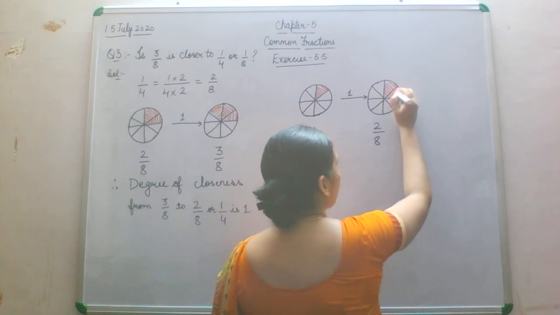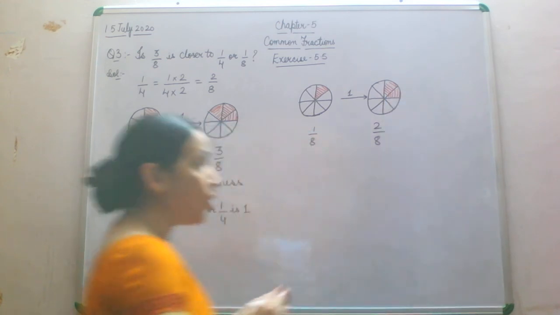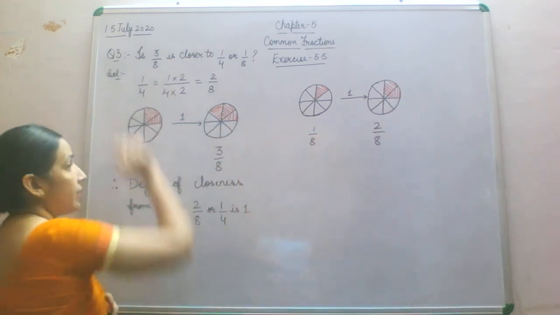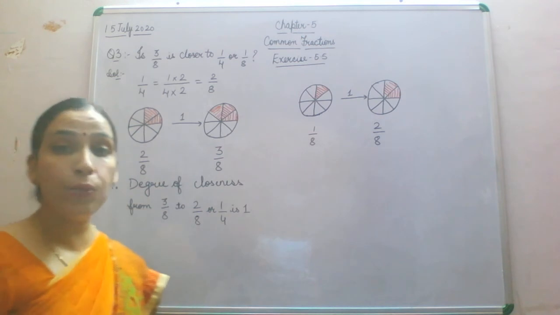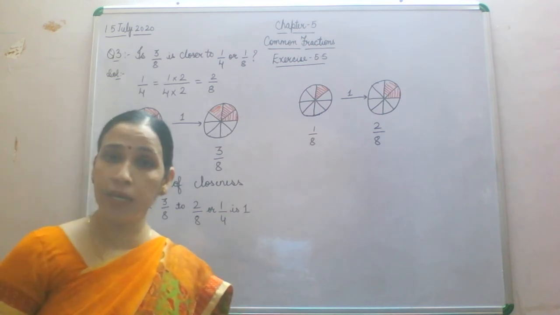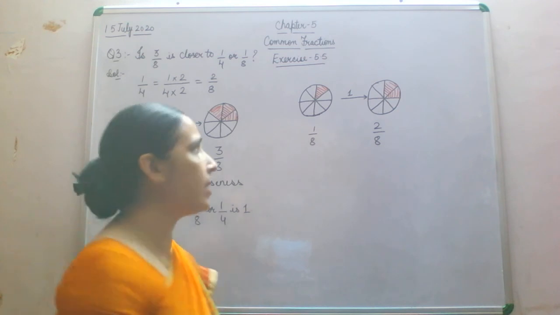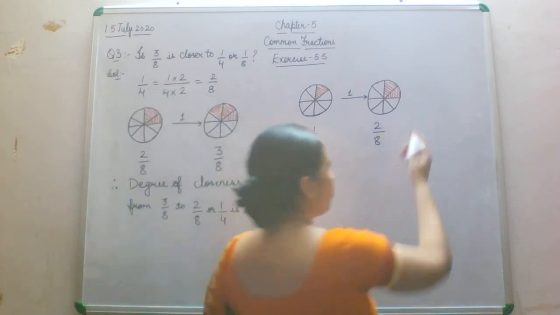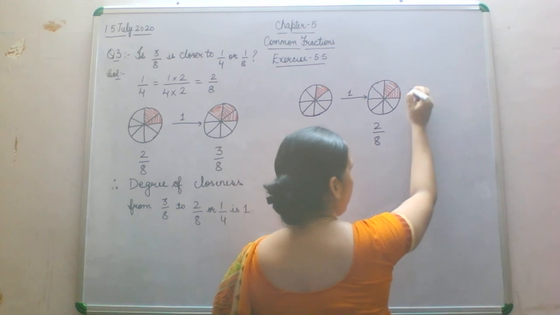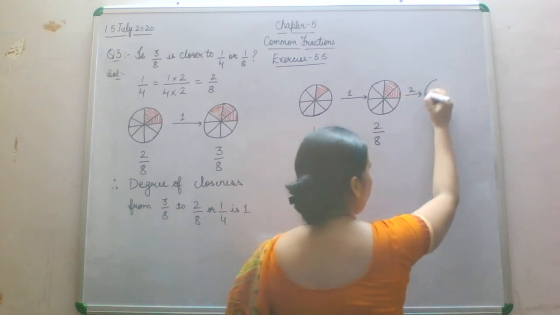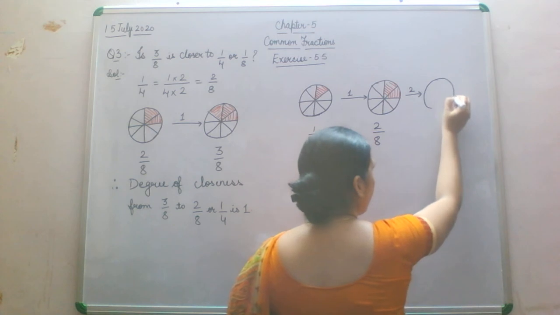1 and then 2. See, till now we have not got 3 by 8. It means we require 1 by 8 more. So again we will add 1 by 8 to 2 by 8, meaning twice we have added. So what will we get here?